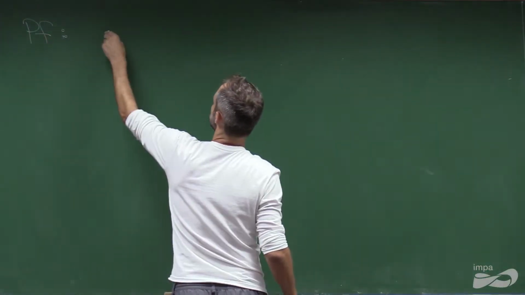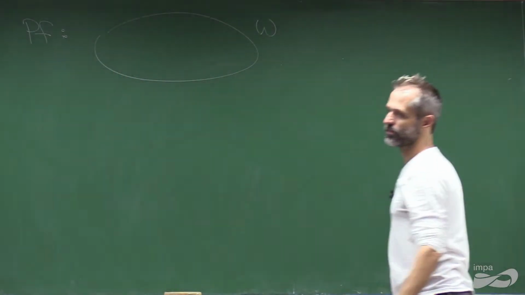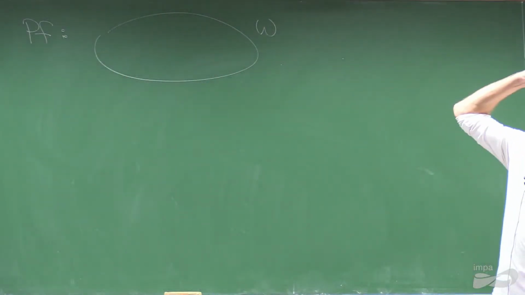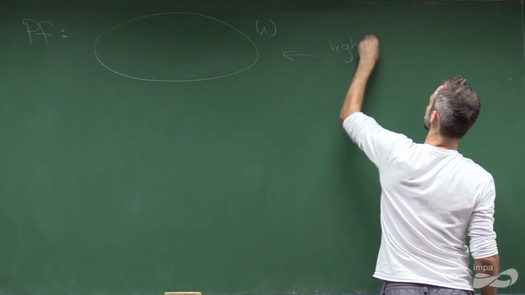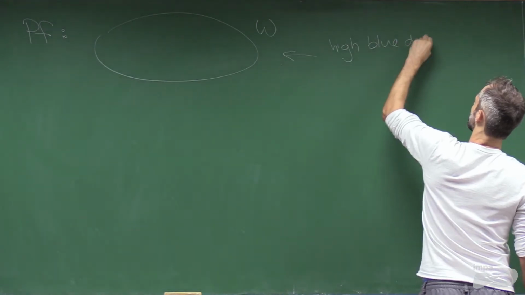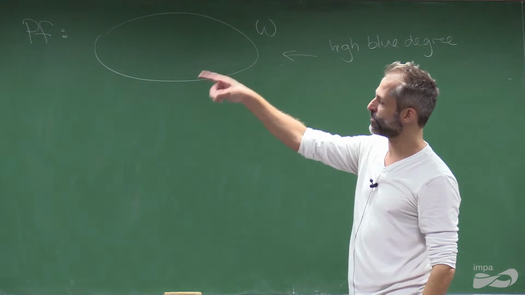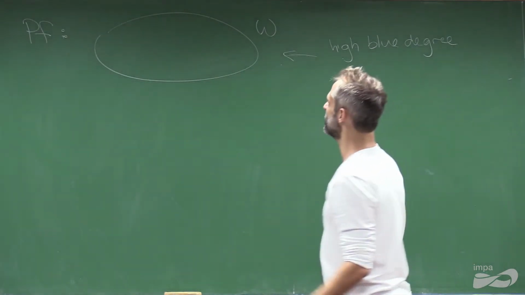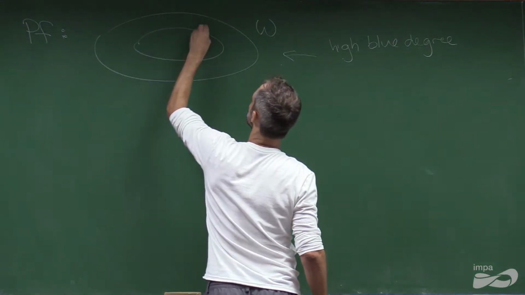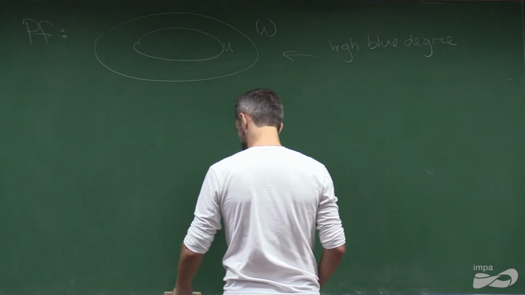We have this big set of vertices, maybe call it W. These are the vertices of high blue degree, and it's at least Ramsey(k, L^(2/3)). So either there's a red K_k, or there's a blue clique U of size L^(2/3).